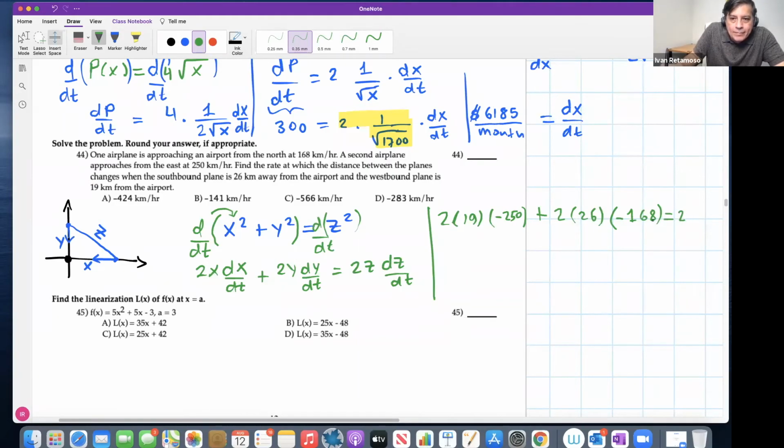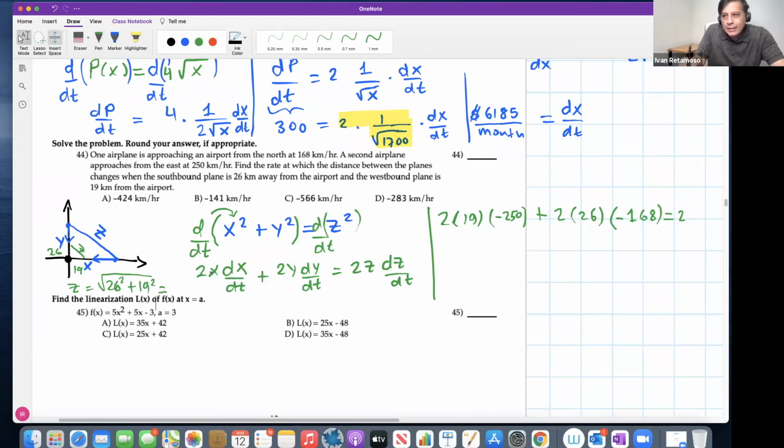What is z? Remember, yesterday I told you when this guy is 19 and the vertical distance is 26, it's not hard to see that z will be equal to the square root of 26 squared plus 19 squared, right?